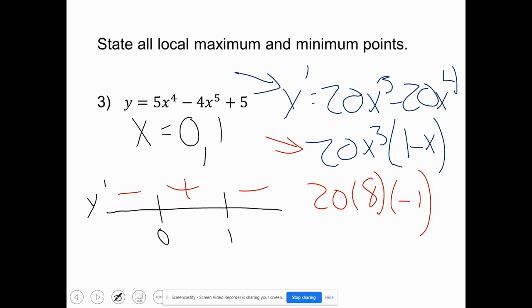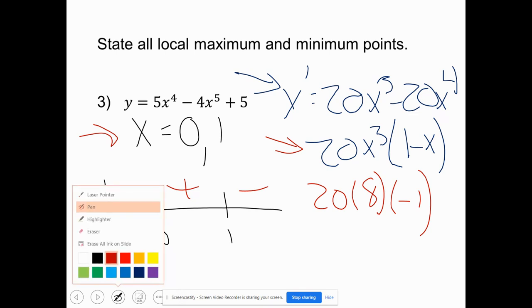Okay, our 2 steps. We found out when the slope was equal to 0. We took our derivative, we set it equal to 0. We got our 2 values in this case. We put those 2 values on a wiggle graph, and we can see how the slopes are changing from plus to minus, minus to plus.